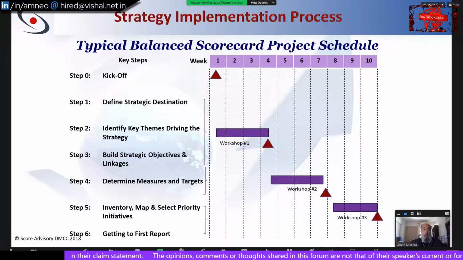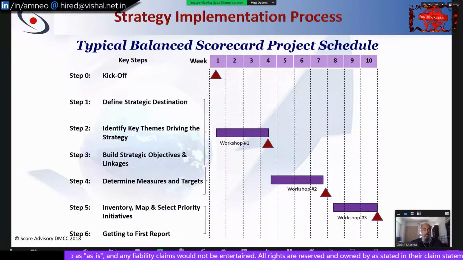Week one, let's say you kick off the meeting, and you decide that for the next year or next 5 years, you are going to plan your strategy. So step one is defining the strategic destination. A strategic destination involves developing mission, vision, and values so that you know where the organization wants to reach in the next 5 years, for example, or 10 years.